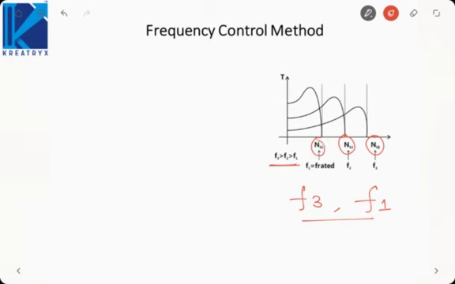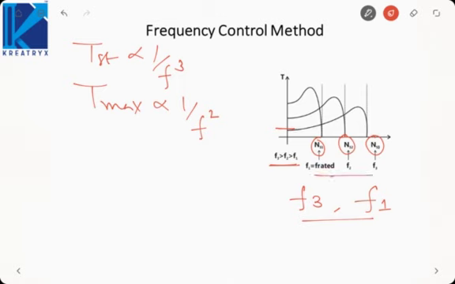So see, the starting torque in case 3 is lowest because starting torque is proportional to 1 by F cube, as well as the maximum torque in case 3 is lowest because it is inversely proportional to F square. So as we keep on increasing the frequency, the starting torque goes on reducing as well as the maximum torque reduces. So this will be the torque slip characteristics of the induction motor above rated speed control.